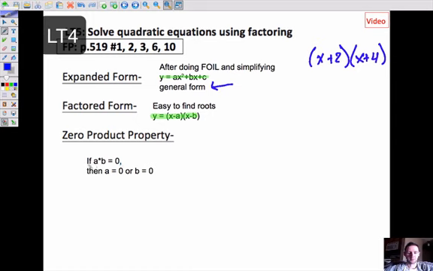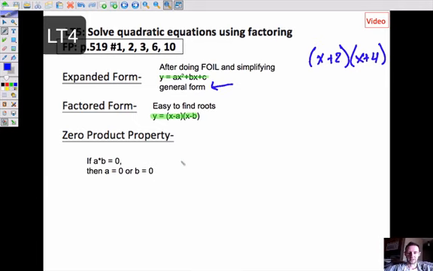Basically, the zero product property says if you have two things multiplied together, a and b we'll call them, if a times b equals 0, then either a has to be 0 or b has to be 0.